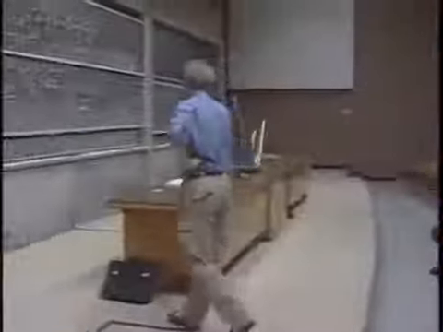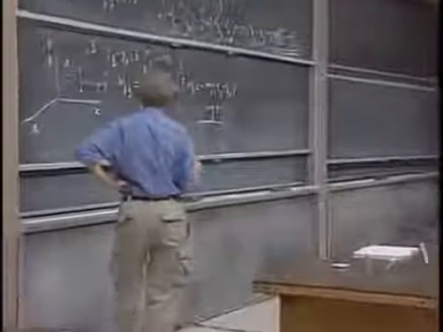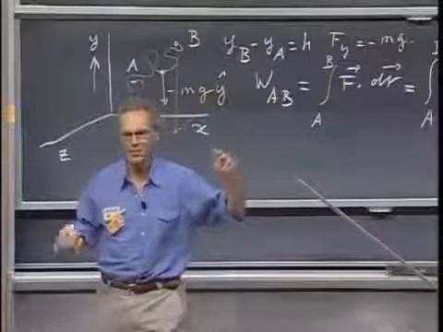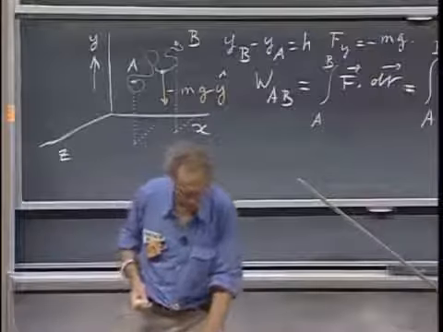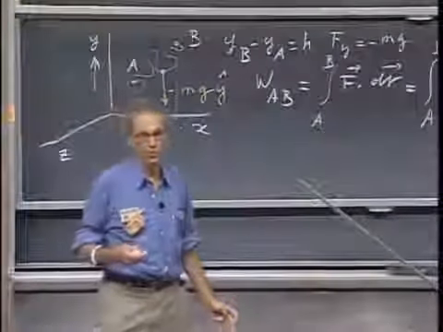It's a very important concept in physics. I will repeat it. Whenever the work that is done by a force in going from one point to another is independent of the path, it's only determined by the starting point and the end point, we call that a conservative force. Gravity is a conservative force. It's very clear.